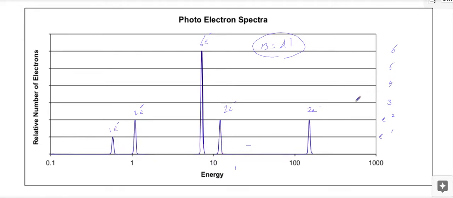The letter B says to sketch what it would be if we had phosphorus on here instead of aluminum. Since phosphorus has more protons, we're going to shift this to a higher value because of the effective nuclear charge by the nucleus.